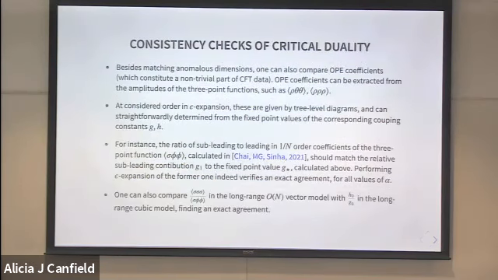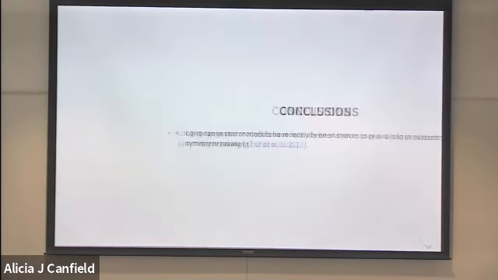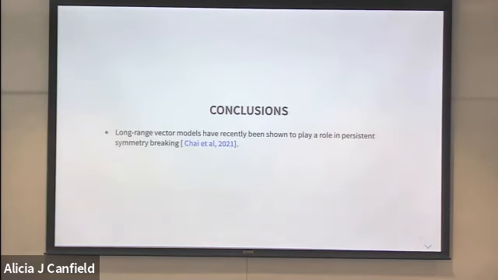We can also look at sigma, which is known to the leading order in large N expansion. All right, all of that CFT data matches on both sides of the proposed duality. So let me just quickly discuss a couple of conclusions.